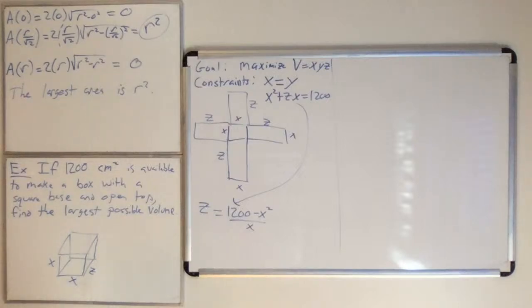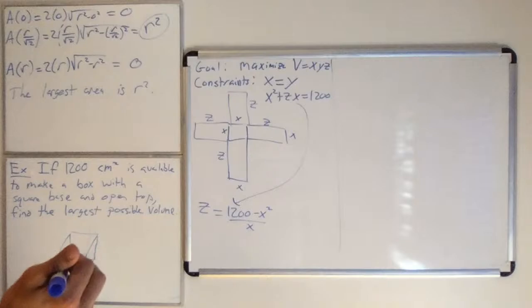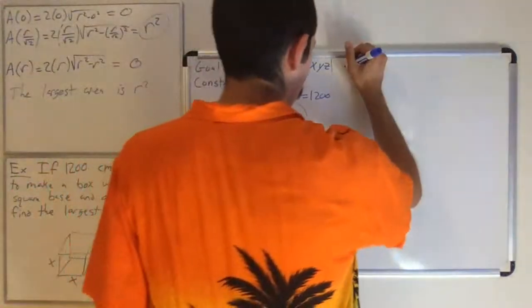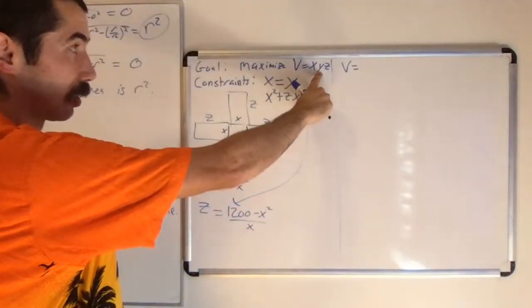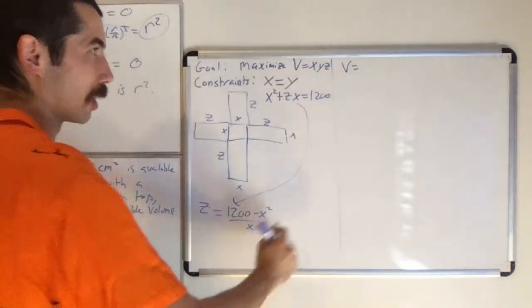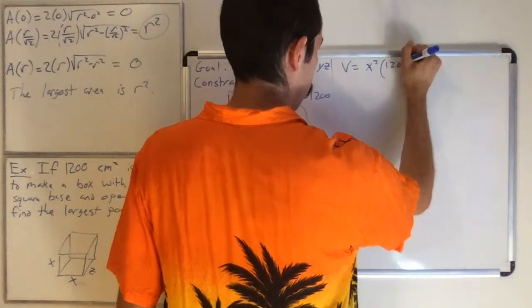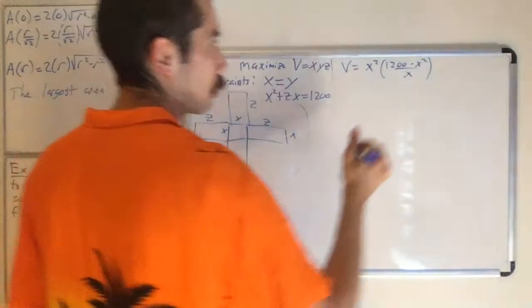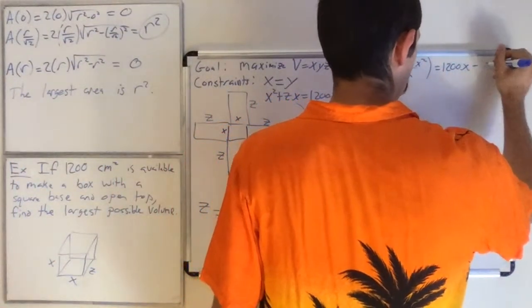We get 1200 minus x squared all over x. Okay, so the function we're trying to maximize is really v equals x times 1200 minus x squared over x, which simplifies to 1200x minus x to the third.